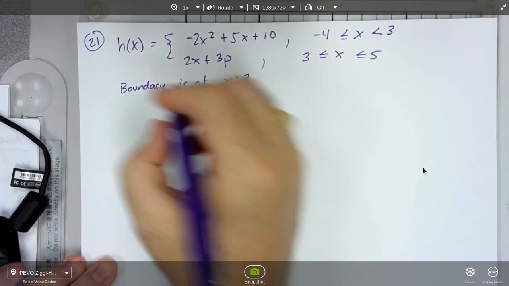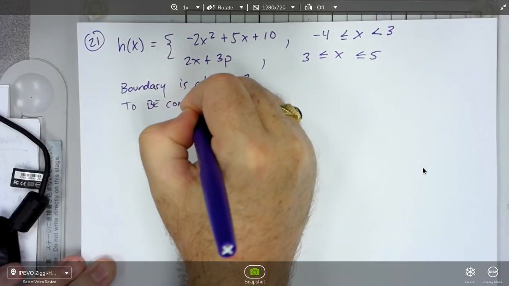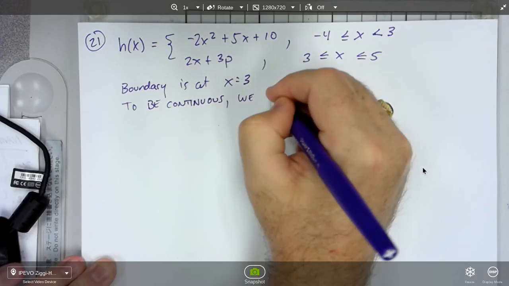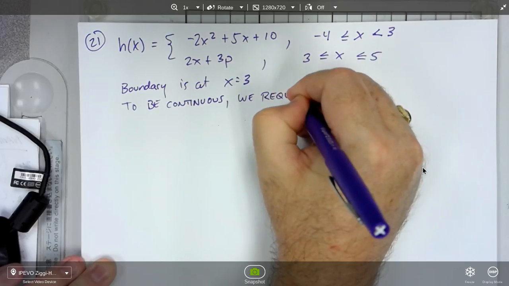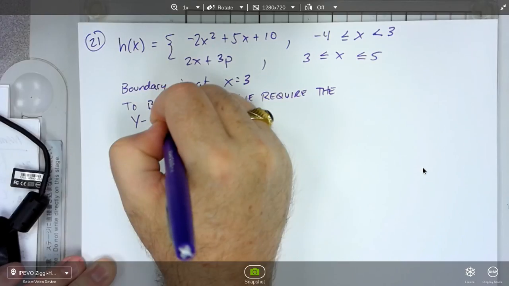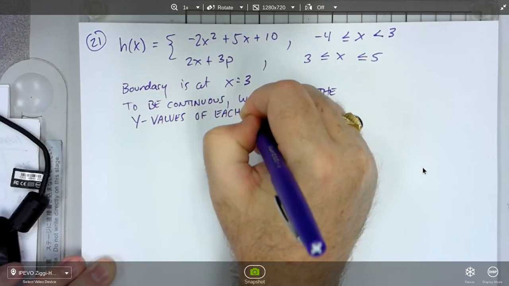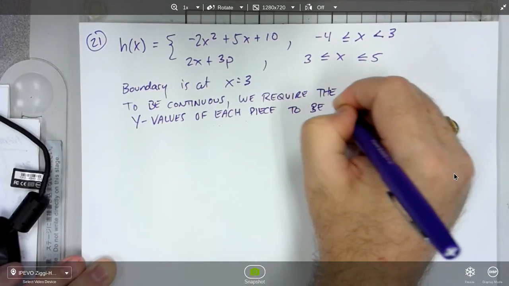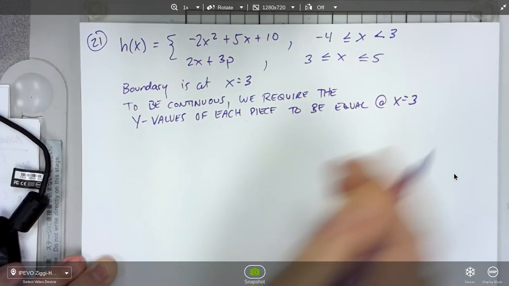To be continuous, we require the y values of each piece to be equal at x equal to 3.